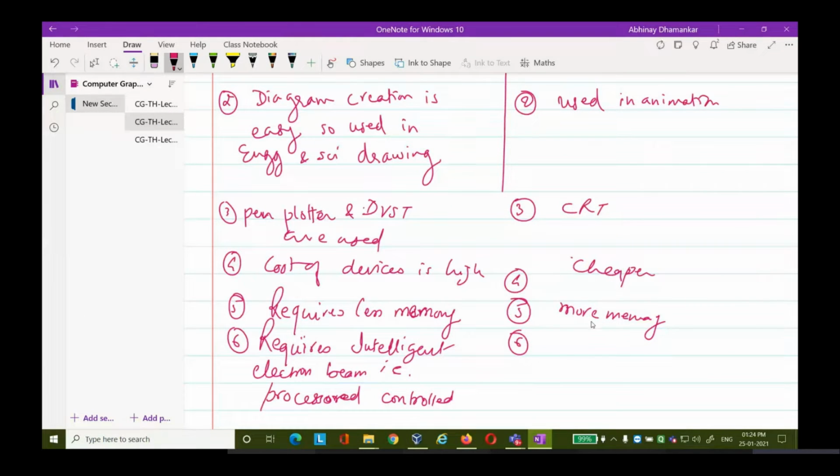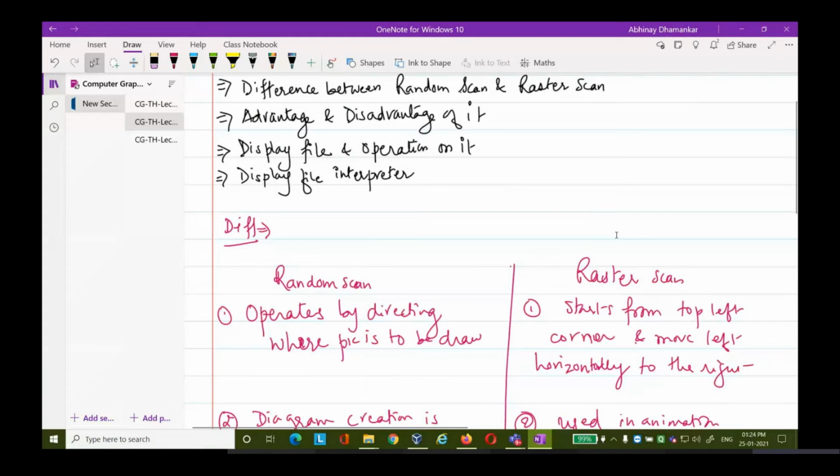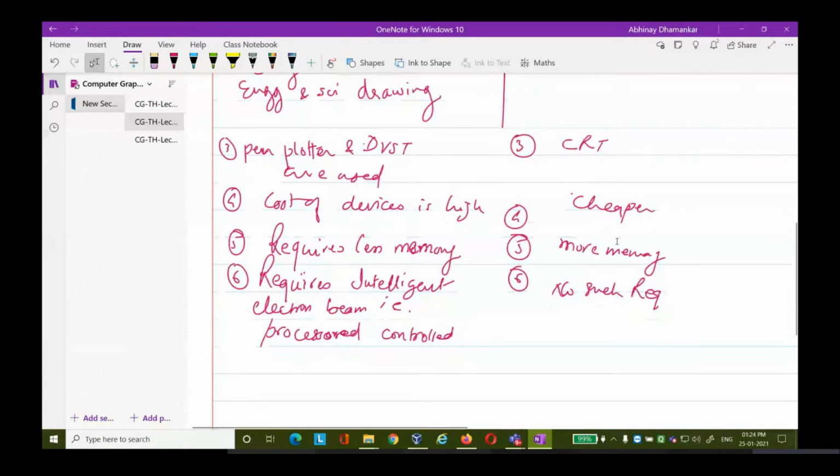And here we can say no such requirement is there. So these are a few distinguishing criteria for the difference between these things.